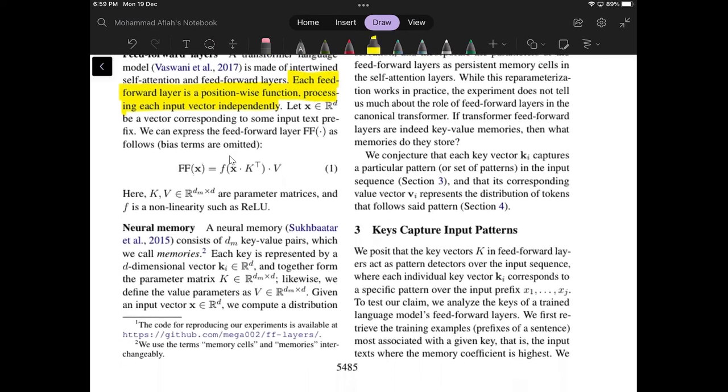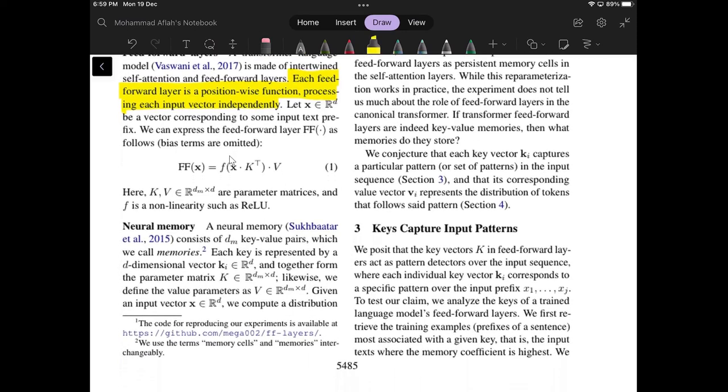Again, neural memory. A neural memory consists of dm key-value pairs, which we call memories. Each key is represented by a d-dimensional vector ki belonging to R^d, and together they form the parameter matrix K belonging to R^(dm x d). So essentially what they're trying to say is each column in K is a key. Likewise, you define the value vector in the same space.